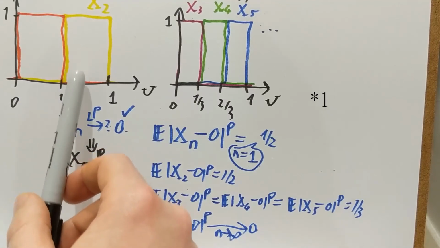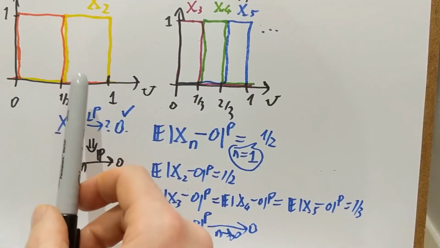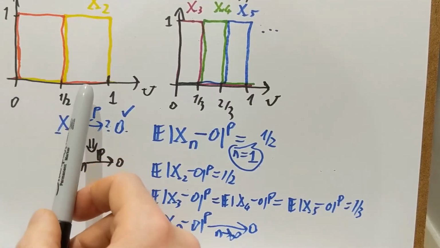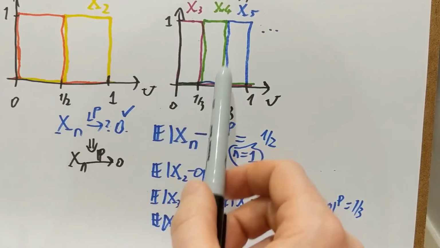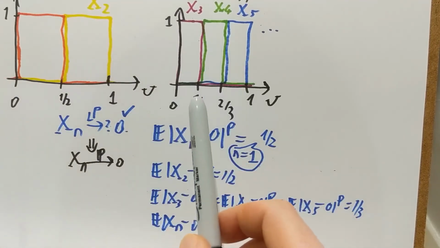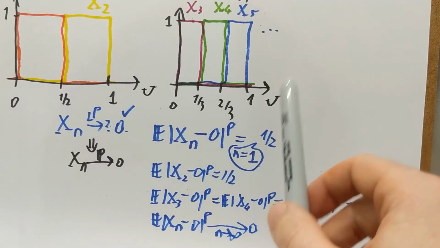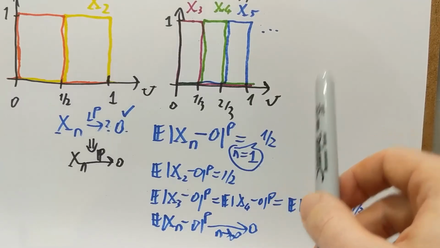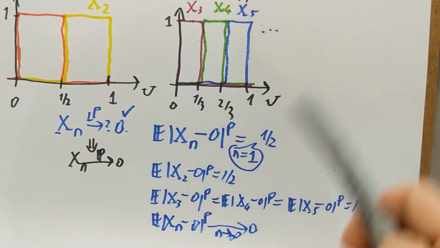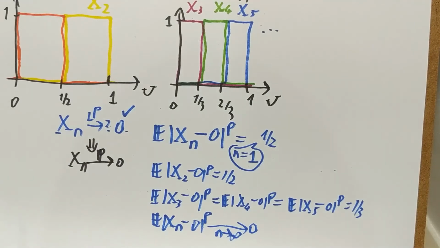So if U is, say, a little bit above 1/2 at some irrational point, then X1 is 0, but X2 is 1, X3 is 0, X4 is 1, X5 is 0. Then maybe X6 and X7 are 0, but X8 is again 1, X9 is 0, and so on. Whenever U is not a rational point, which is probability 1, then we find that the Xi's will be 1 infinitely often.